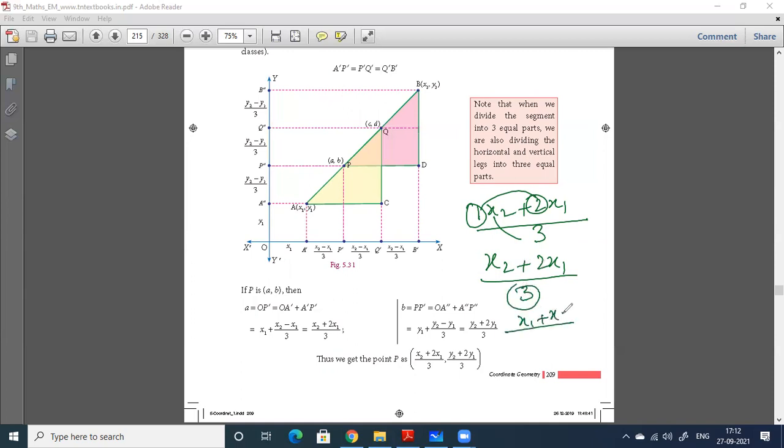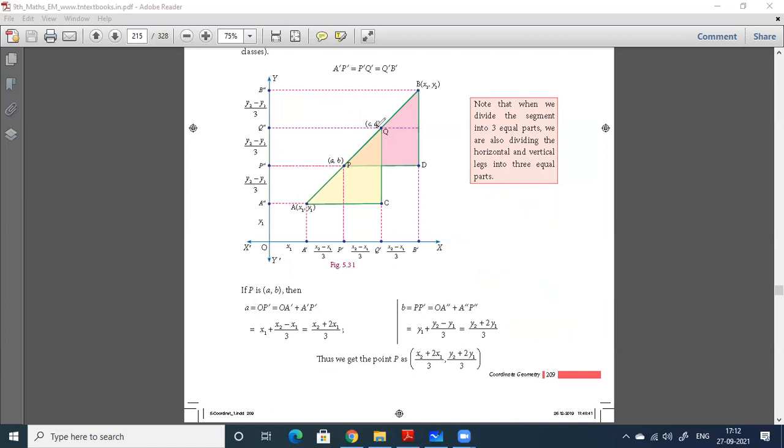Midpoint you divide by 2. Trisection means you divide by 3. If R sections are coming, you divide by R. We'll see that later. So we got the point (x2 plus 2x1) by 3, (y2 plus 2y1) by 3.